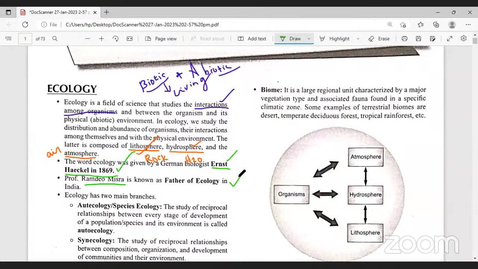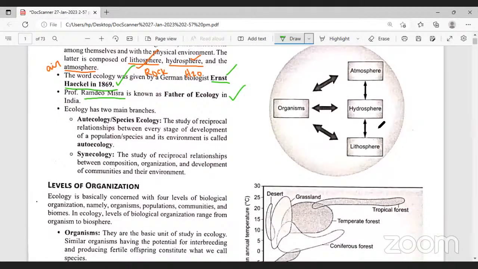Okay, go to the next one. Ecology has two main branches. One is called autecology. This is the important point.